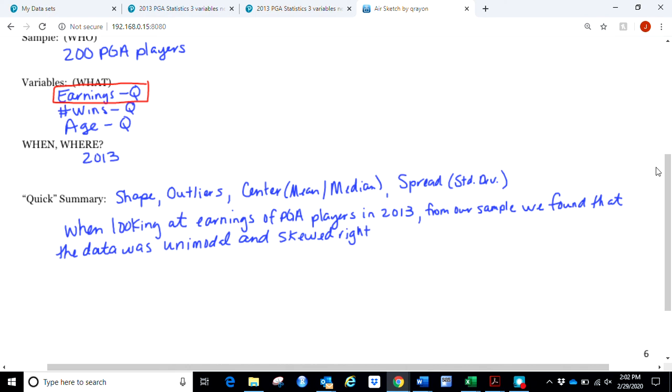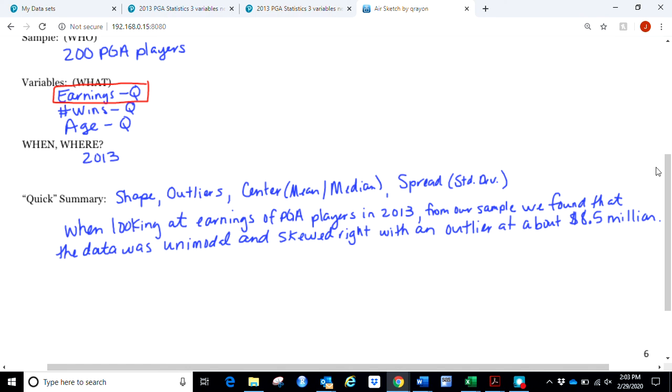We did have an outlier, which was our maximum value. And I'm just going to give the approximate amount instead of giving every little dollar. It's about $8.5 million. So I have shape covered as well as my outliers.